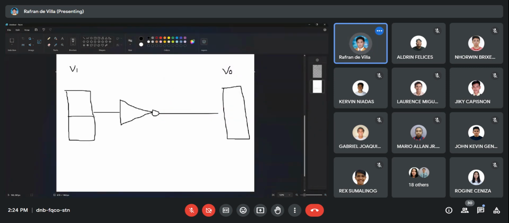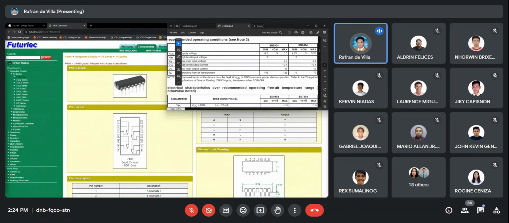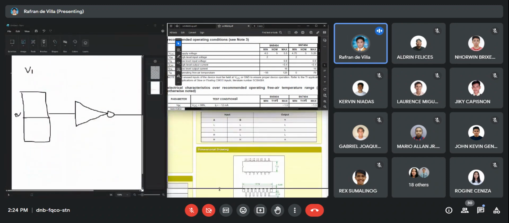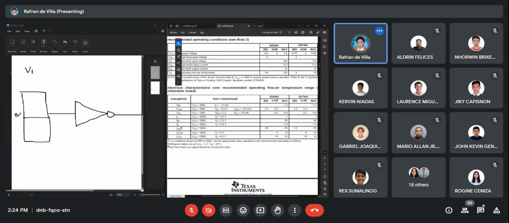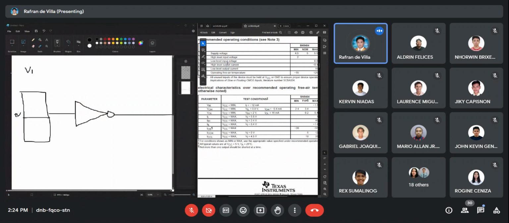So naa siya dire, 2 volts. So para sa voltage input low, nakaset siya 0.8.